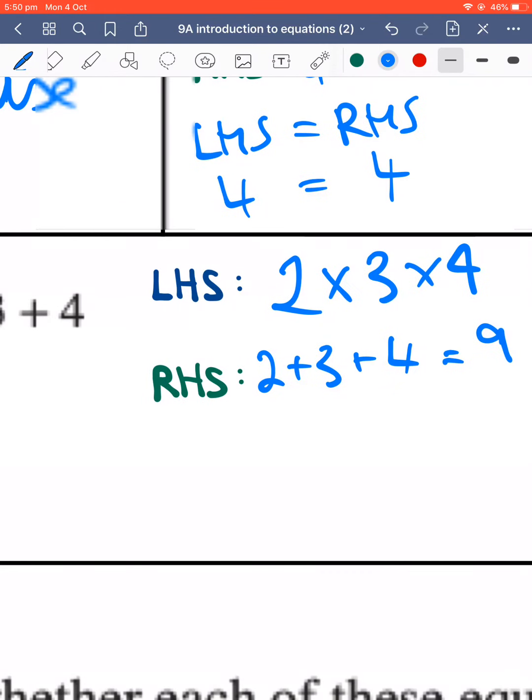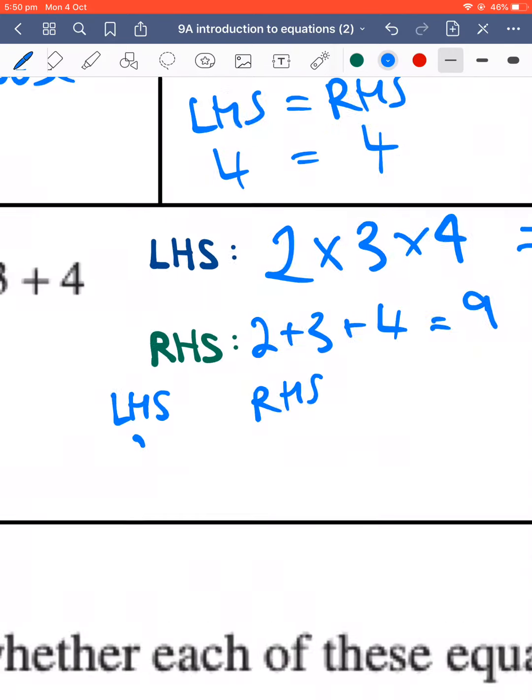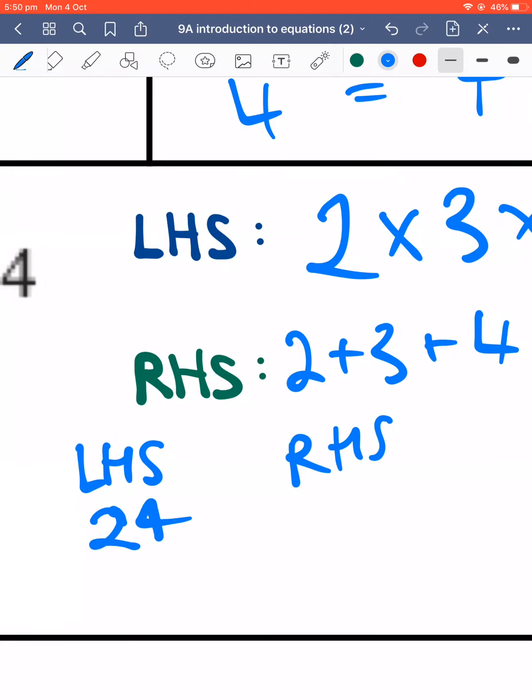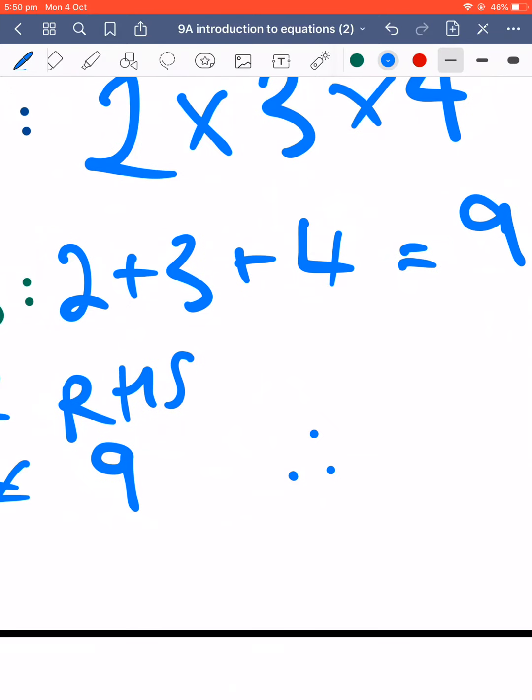Some of these you're probably thinking, oh yeah, it so doesn't add up, but it's good to go through the process. I had my answer of 24 for my left-hand side and 9 for my right-hand side. Those are not equal, therefore my statement is false.